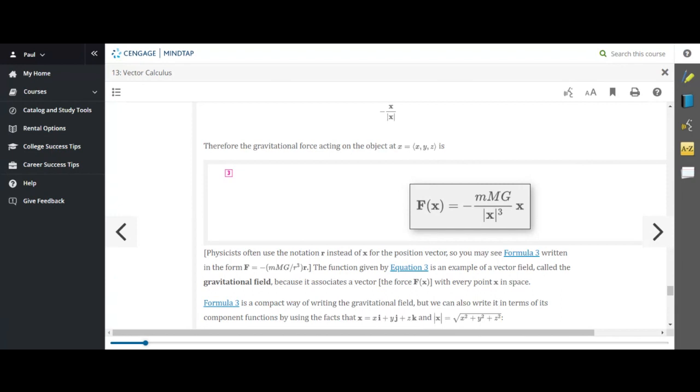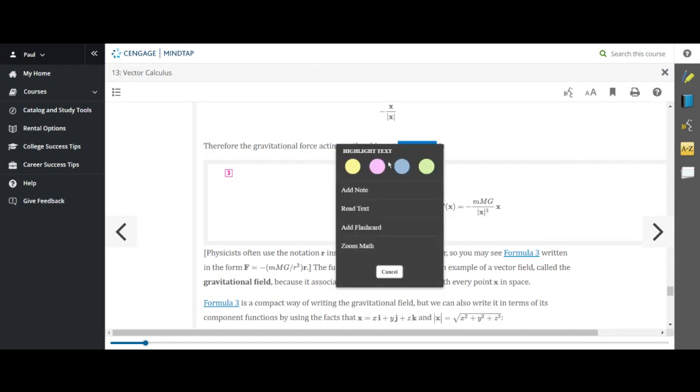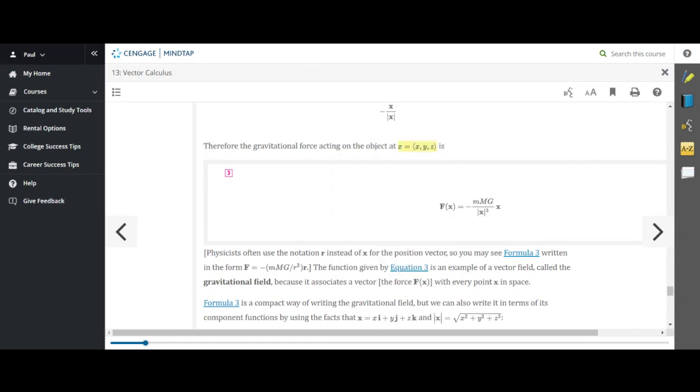And in this formula, we can write out the vector x. The object on which the gravitational force is acting has position x, y, and z. This is just a compact notation for the vector field.